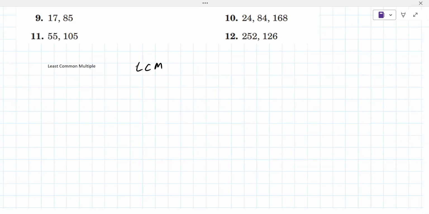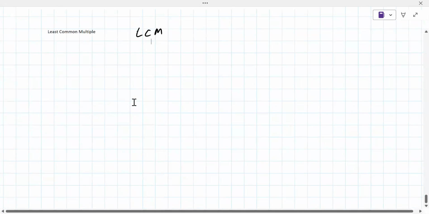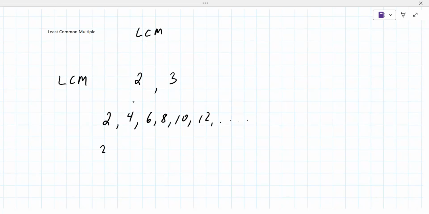All right. Now let's just say I wanted the least common multiple between 2 and 3. Here's how this works. You take the number 2 and you start finding all of its multiples: 2, 4, 6, 8, 10, 12, and you actually go on forever. Then you do the same thing for 3: 3, 6, 9, 12, and you go on forever. Now, common means they're the same.